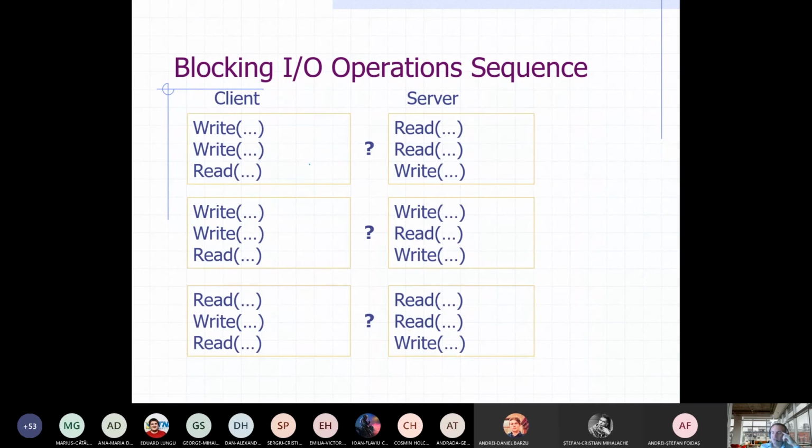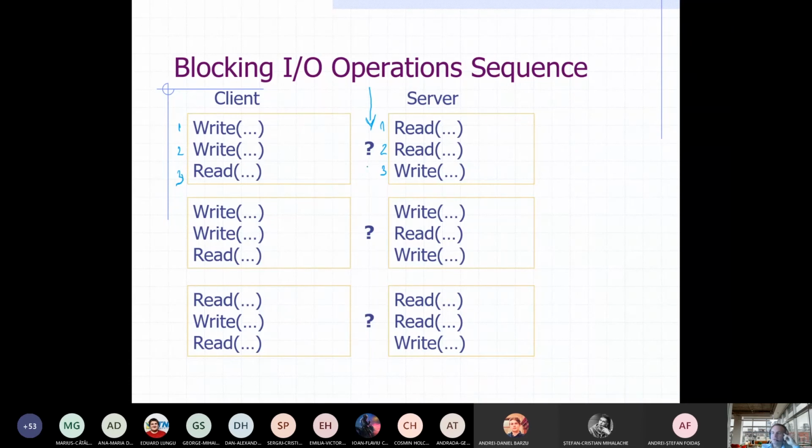I want to discuss over this slide and these examples what you think will happen, for example, in this case here. Suppose we have a client with this sequence of operations and the server with this sequence. Then we need to discuss what is happening from the timing point of view.